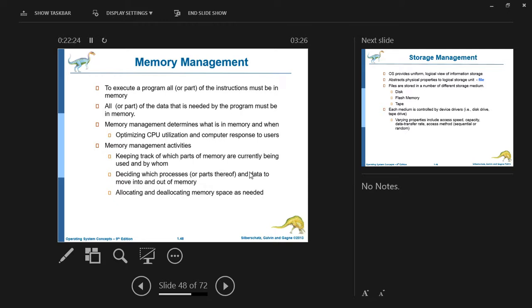Optimizing CPU utilization and computer response to users is part of memory management. Memory management activities include keeping track of which parts of the memory are currently being used and by whom, deciding which processes and data to move into and out of the memory, and allocating and deallocating memory space whenever it is required.